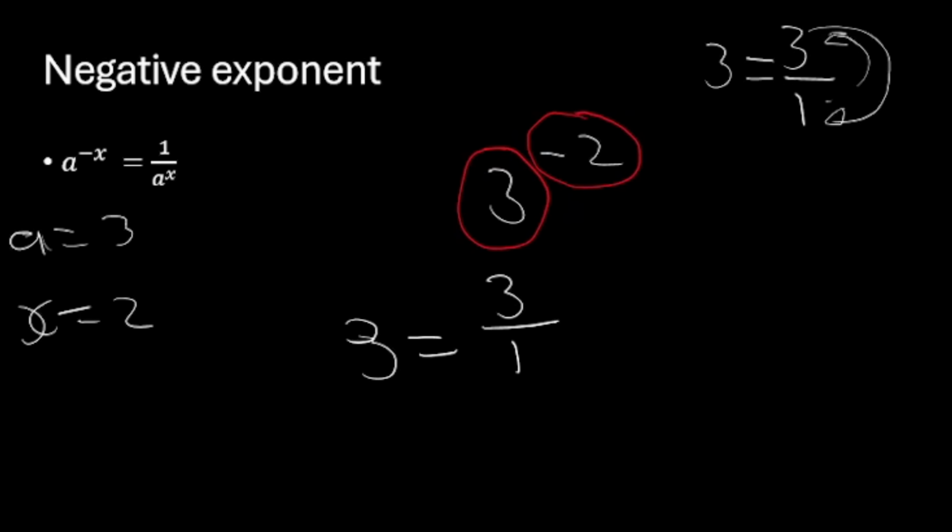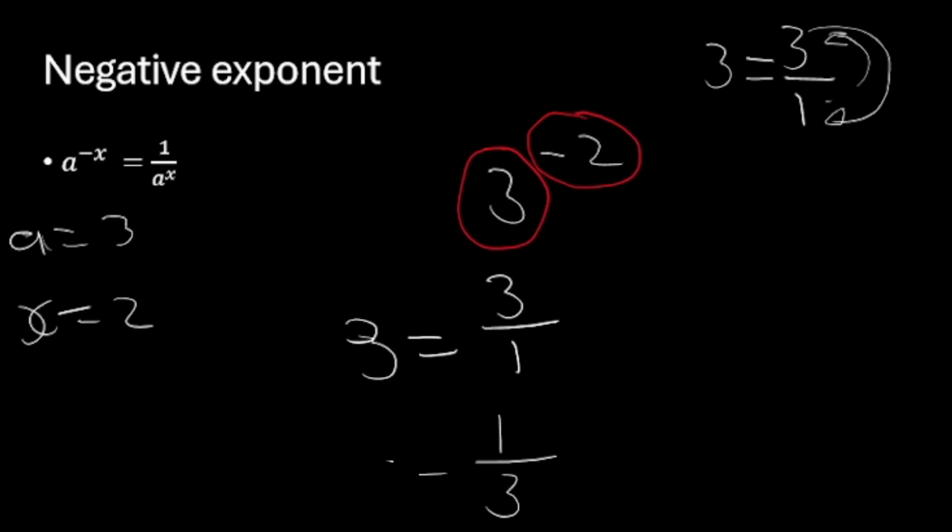Let's first flip the whole number. The whole number, first write it as its fraction. Here it is 3 over 1. When we flip it, it's going to be 1 over 3. Okay, so since we flipped the whole number, we are right. So now you have to focus on the exponent.